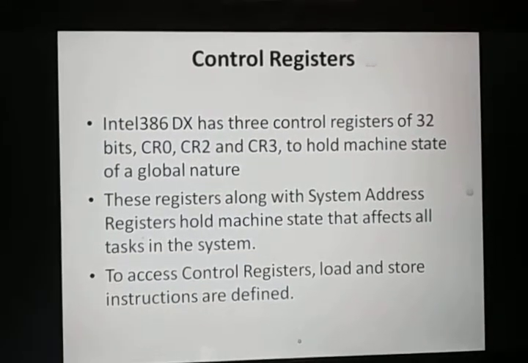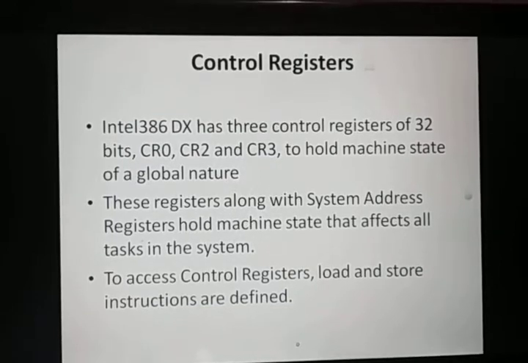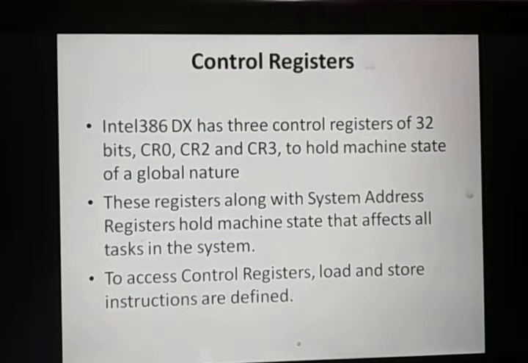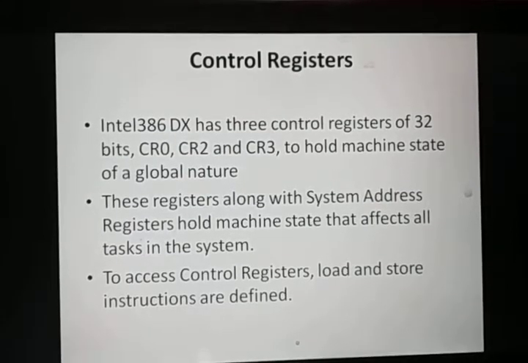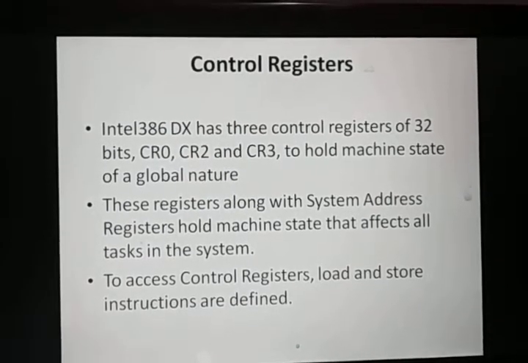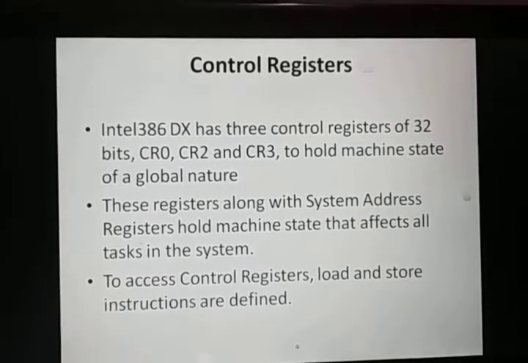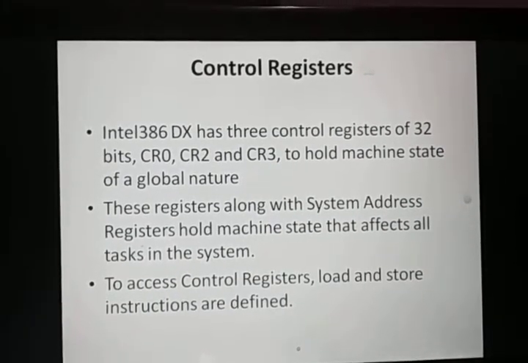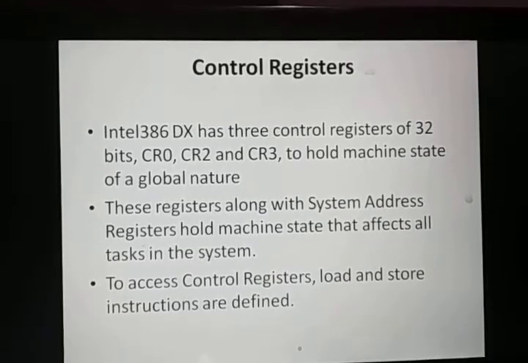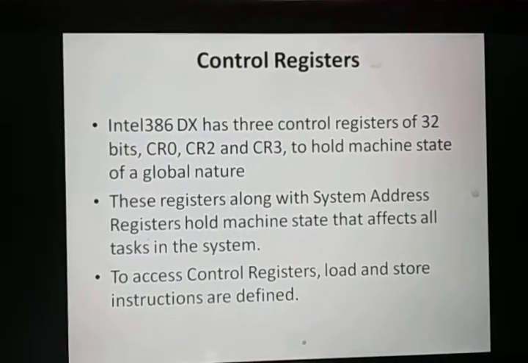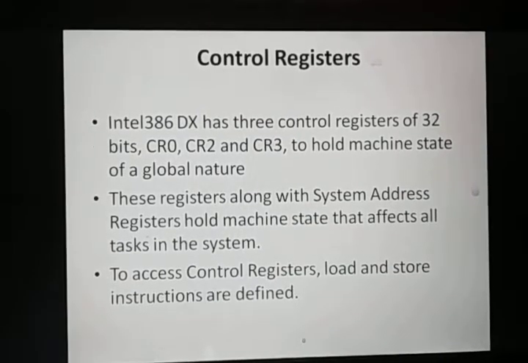The DX part has a 32-bit data bus, 32-bit address bus and 4 GB of memory. But in the SX part these things are different. For the differentiation, see the first lecture of the first unit, where we discussed the difference between the 80386 DX and the 80386 SX.